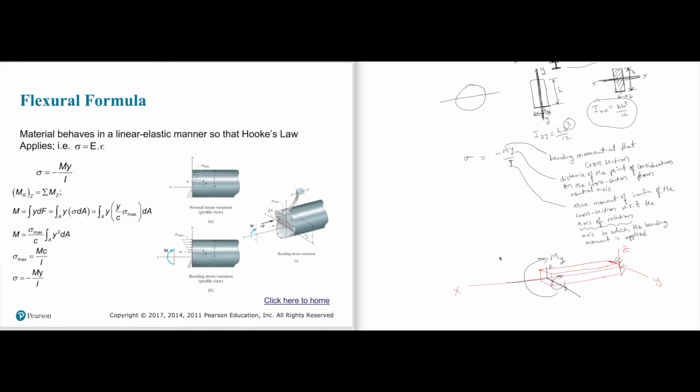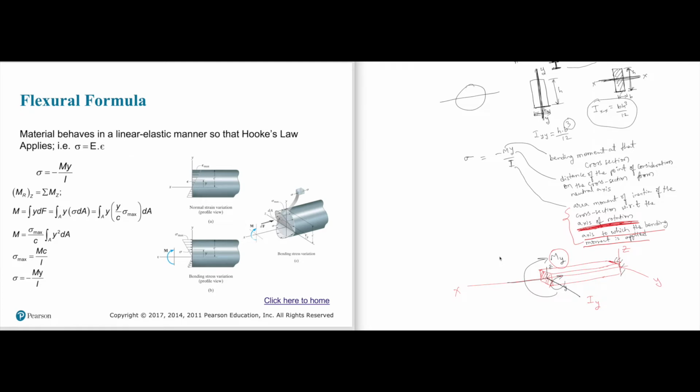According to the definition given here, the area moment of inertia of the cross section is with respect to the axis of rotation, or with respect to the axis about which the bending moment is applied. The bending moment is applied with respect to which axis? My. So I is the moment of inertia of this cross section with respect to y, because the moment is applied with respect to y.